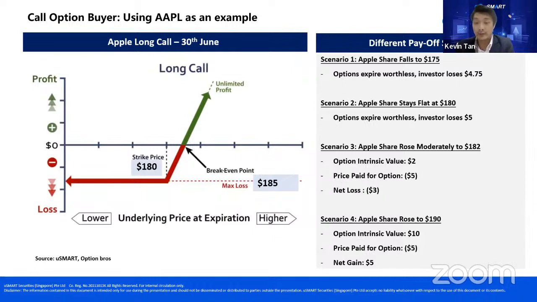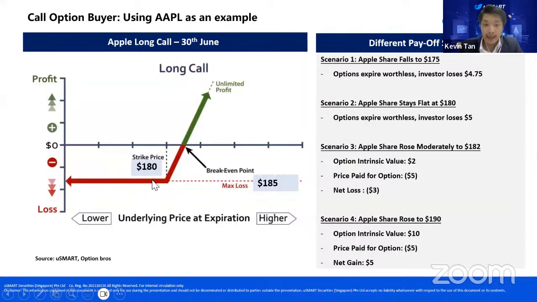Now, if I were to basically summarize everything I tried to talk about right here, buying a call option would give you unlimited upside potential. But in the worst case scenario, what is going to happen to you if you are wrong is that you are going to lose the option premium.